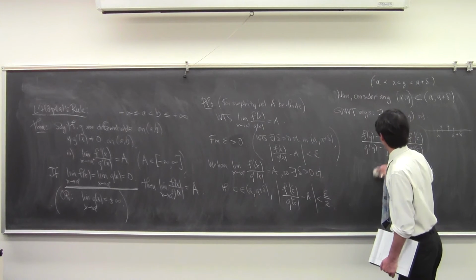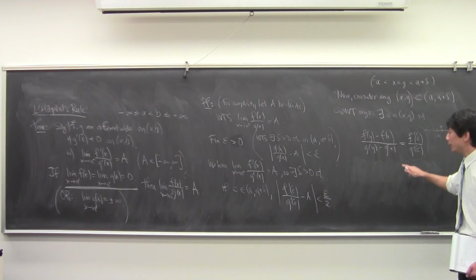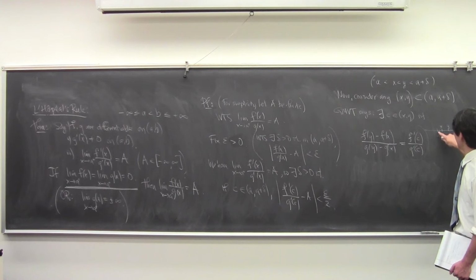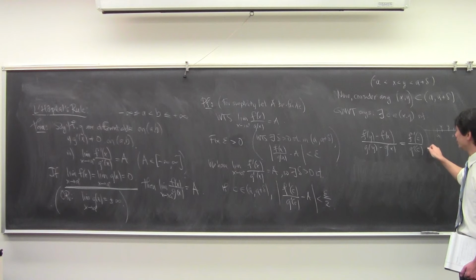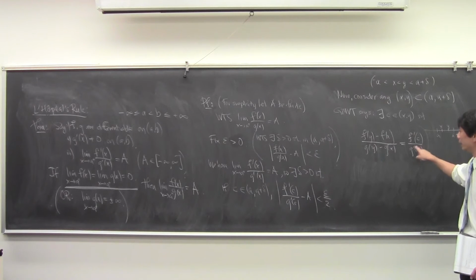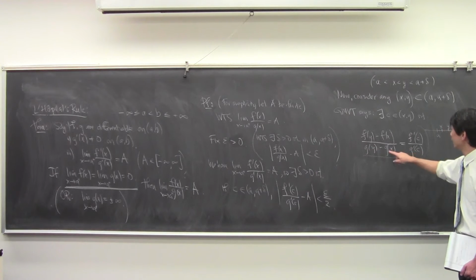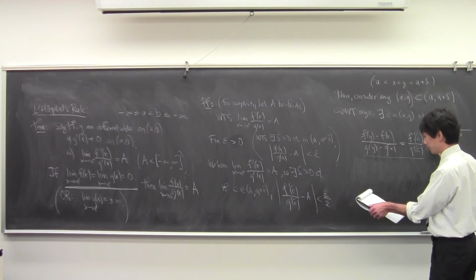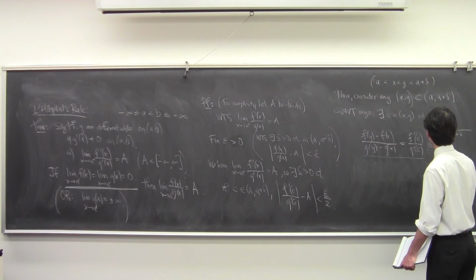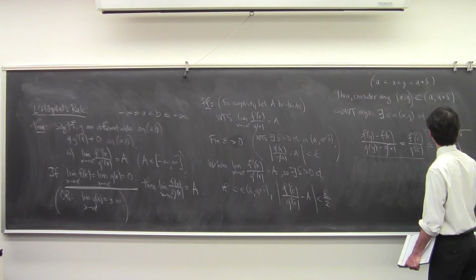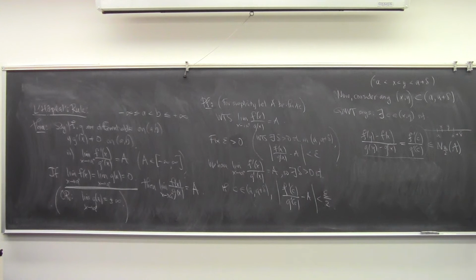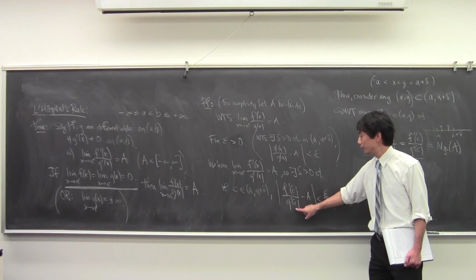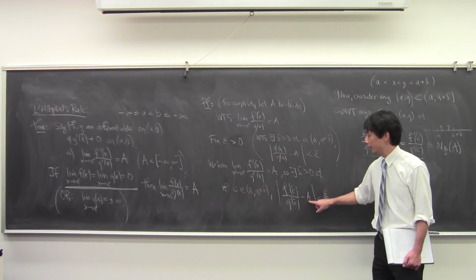Okay, so we just said that we are in the magic interval where this number is close to a. So this thing equals this, but this thing lies inside the epsilon over 2 neighborhood of a. f prime over g prime is within epsilon over 2 of a.